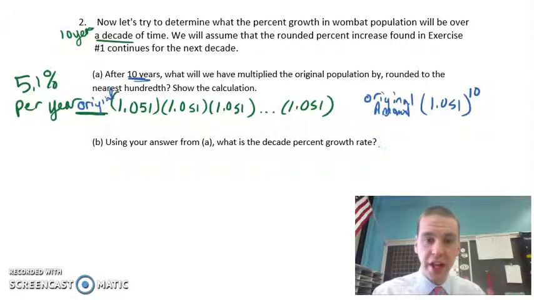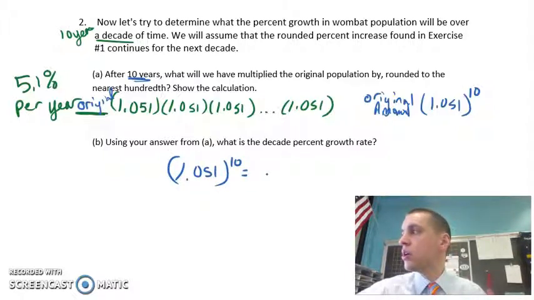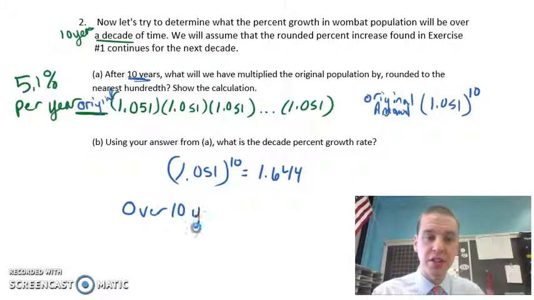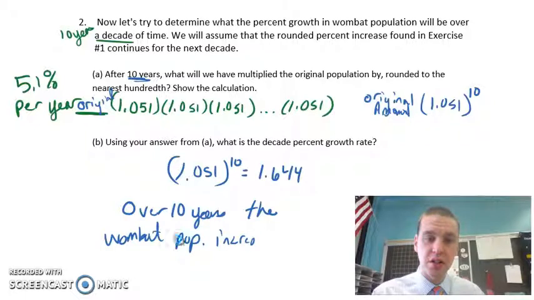Well, if we do that, then we will get 1.644, which is the total over 10 years. The wombat population increased 64.4%. So just again using your calculator there.